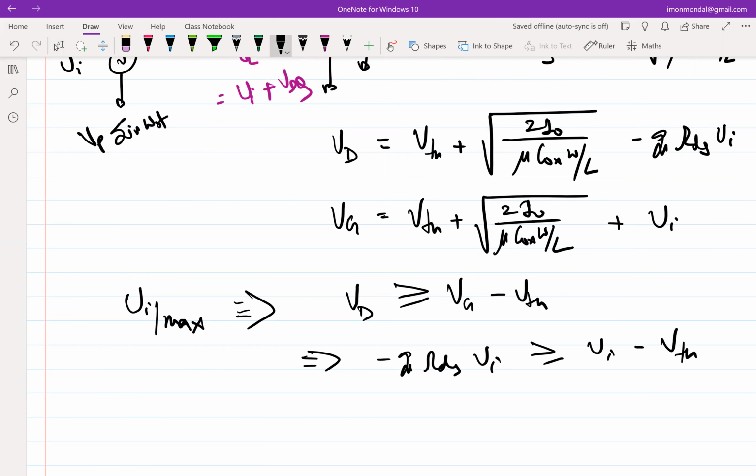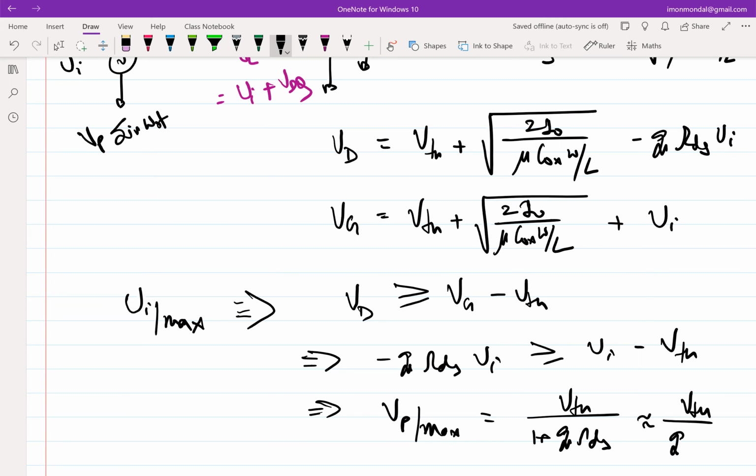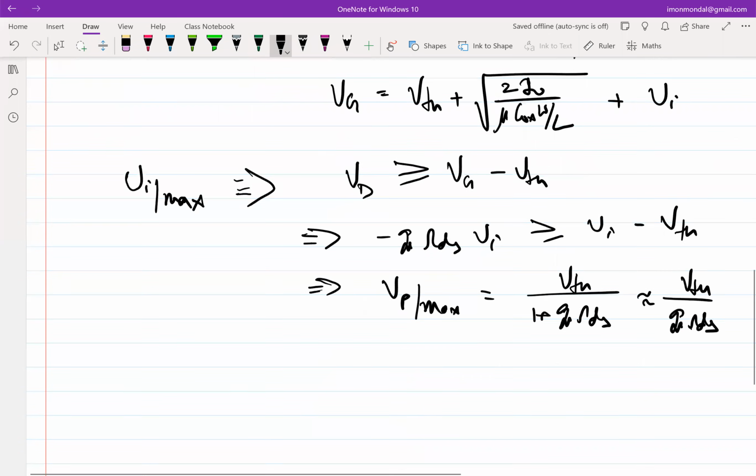Yeah, correct. So essentially your VP max becomes VTH by 1 plus GMRDS, approximately threshold voltage by GMRDS. Okay, so this is the upper limit. What is the lower limit? How will you figure out the lower limit?